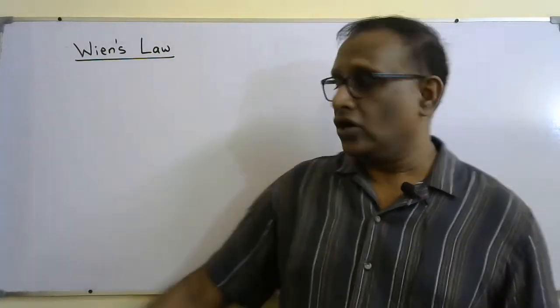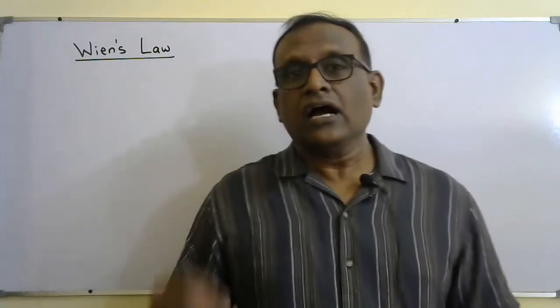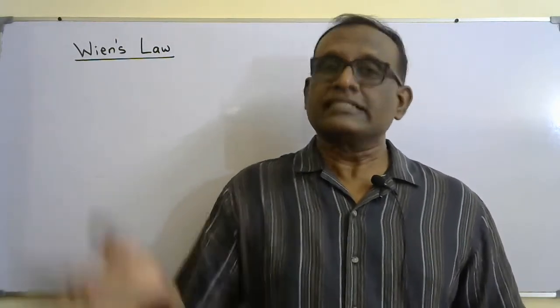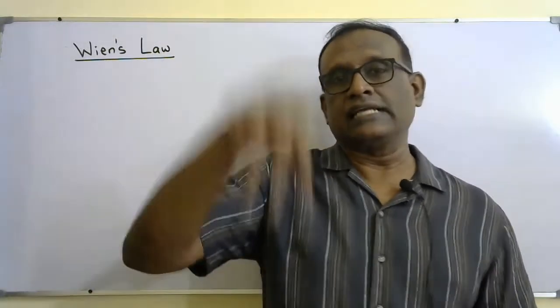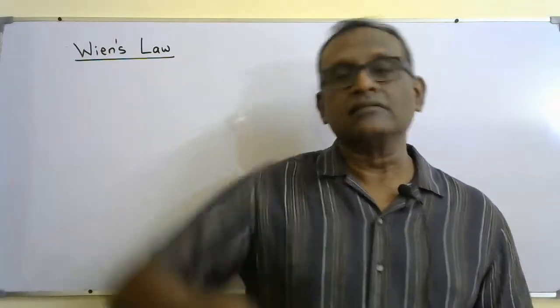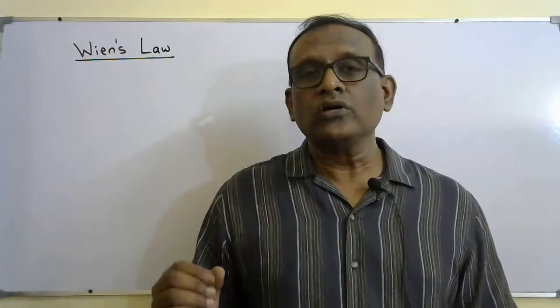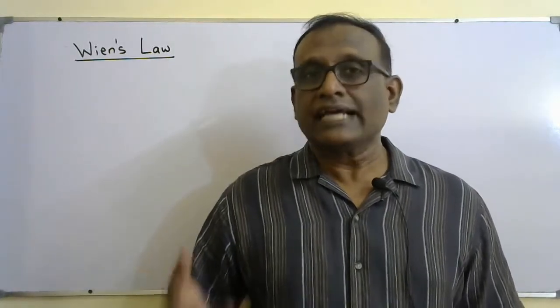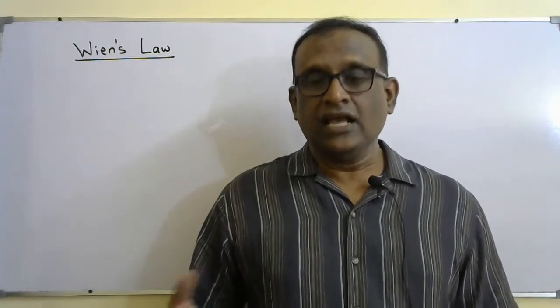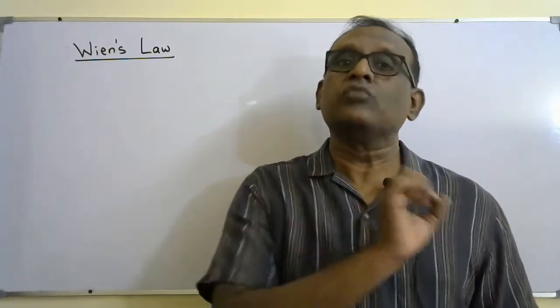Wien's law is actually a curve, and I'm going to show the graph. That graph shows how the luminosity of the emitted radiation depends on the wavelength.